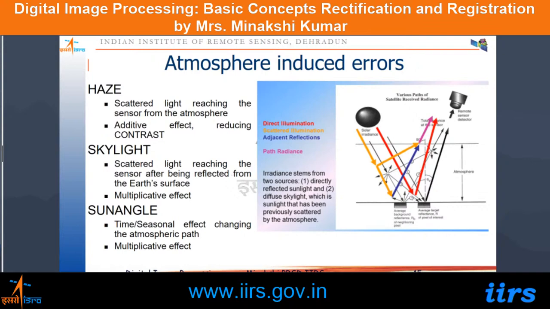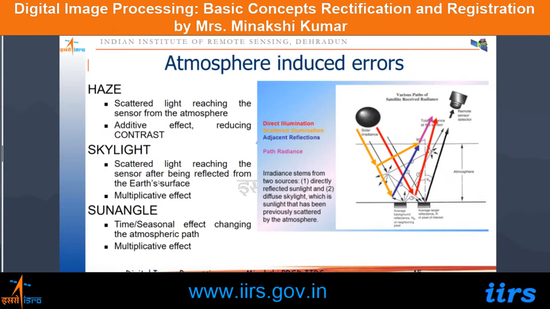And what is scattered illumination, or the skylight? Diffuse skylight. Now the energy is coming from sun reaching this pixel as well as this pixel. Some energy is scattered in between, and that also goes into the field of view of the sensor.